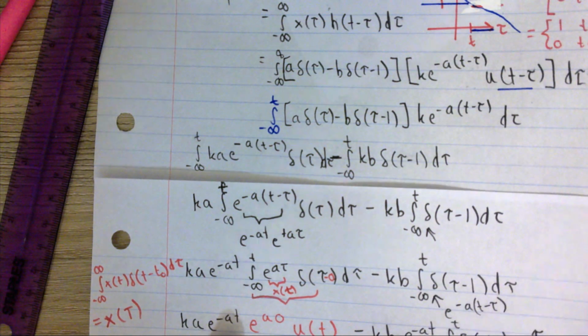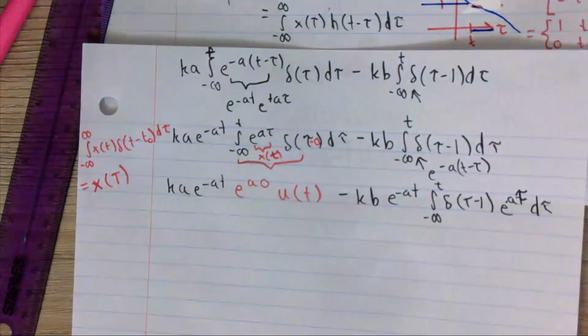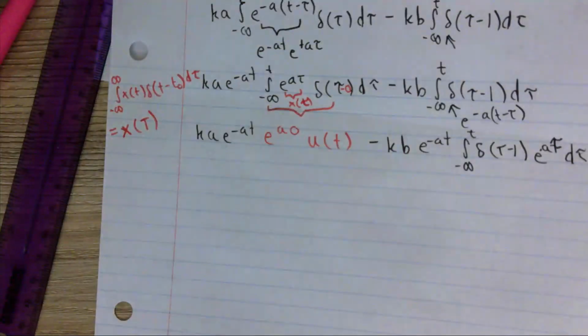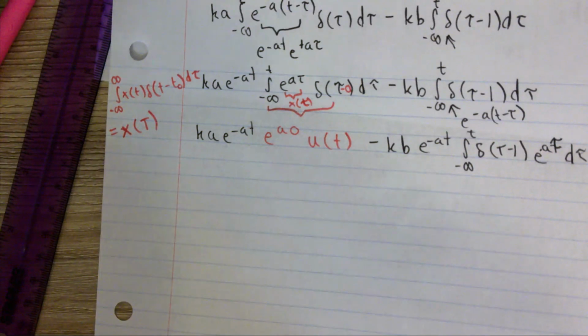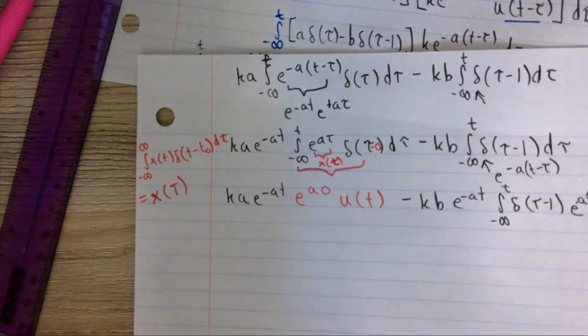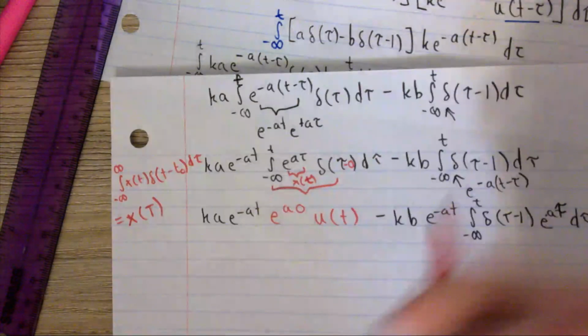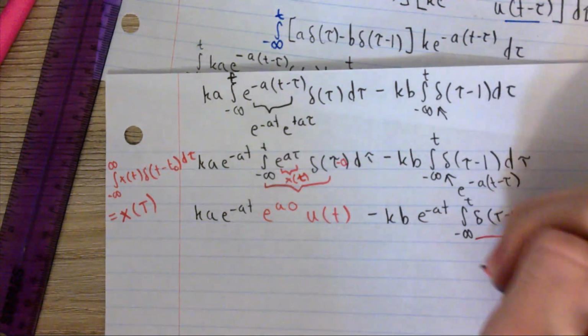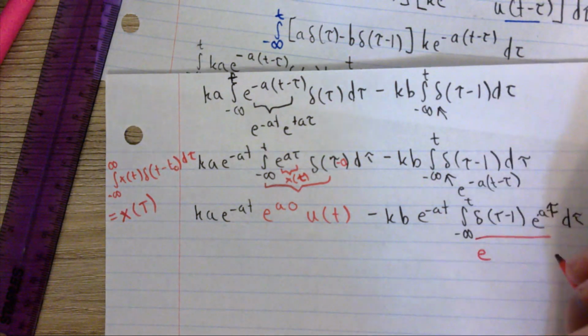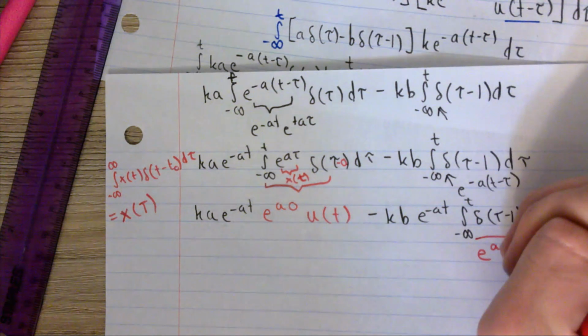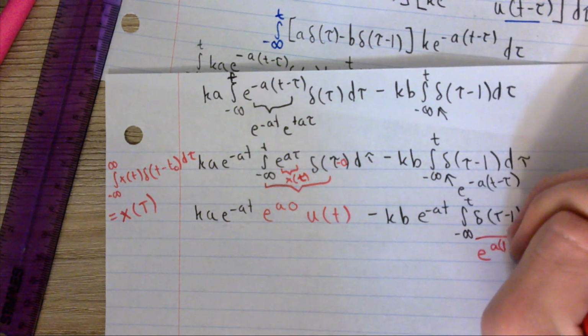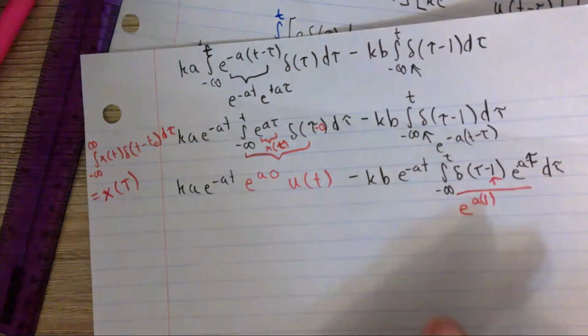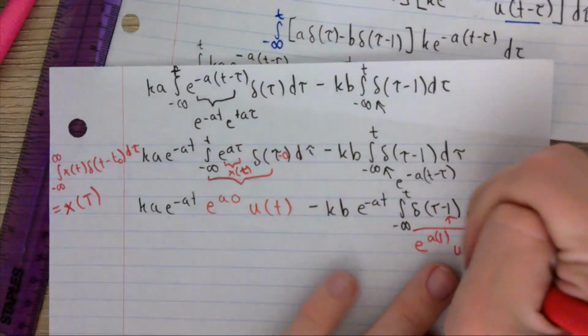Oh my word, this mathematics is getting really long. I don't think this will be on the exam because it's really long, but due to the sifting property, this is going to evaluate to e to the a times 1, because of this right here, and then it's going to be multiplied by u of t minus 1.